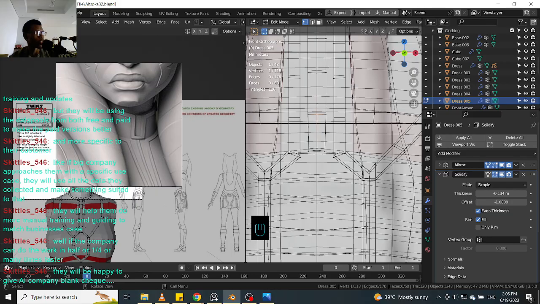If big companies approach them with a specific use case, they will use all the data they collected and make something suited to that. They will help them do more manual training and guide to match business cases. If companies can do the work in half or a quarter of the time, or many times faster, they'll be happy to give AI companies blank checks.